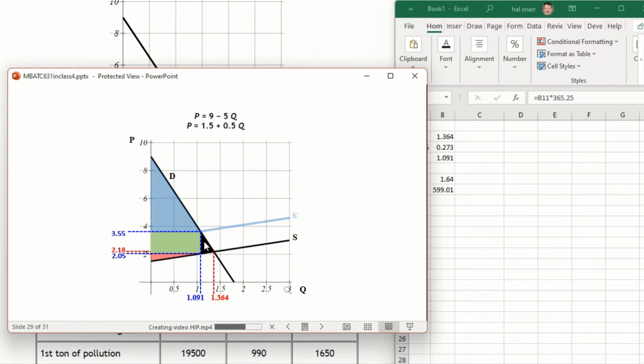And then this black triangle here is what's called the deadweight loss, right? The marginal smokers, or the marginally addicted smokers, are no longer smoking, right? Because the most they're willing to pay is less than this price that includes the tax, $3.55. So they're out of the market.